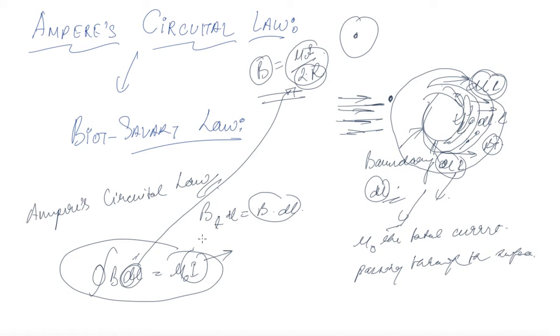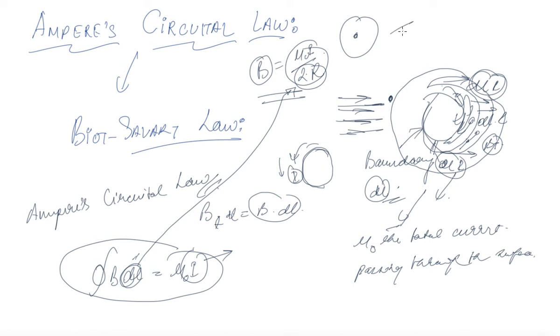Now if you try to understand the direction of your magnetic field, you just have to curl your fingers along the surface where the current is flowing. The fingers should point in the direction in which your current is flowing, and the direction of your thumb gives the direction of the magnetic field.